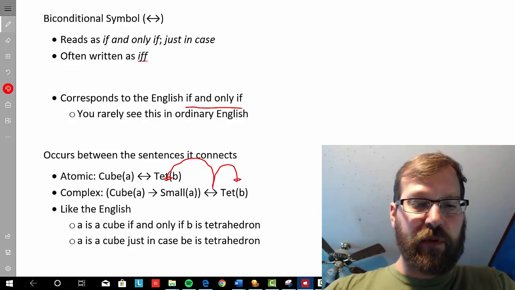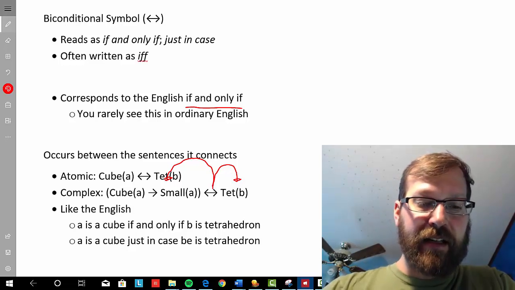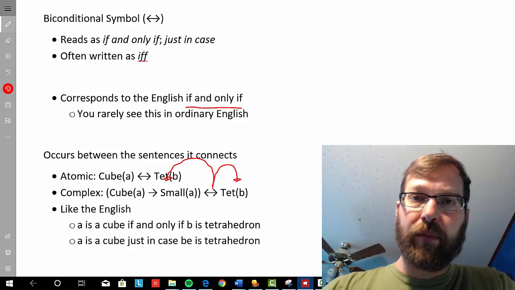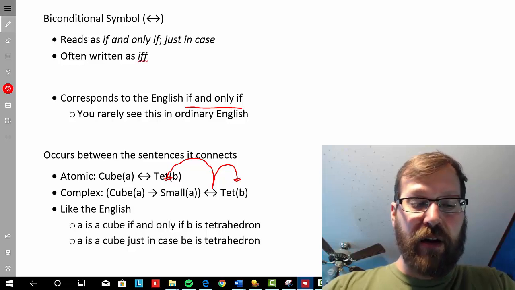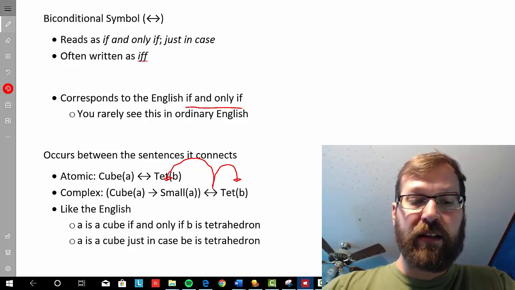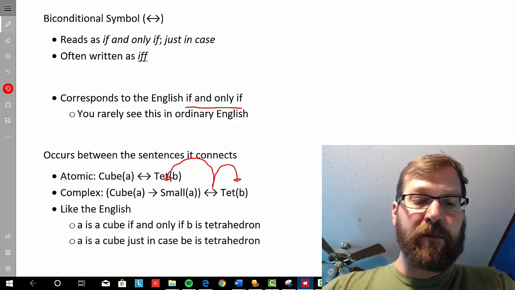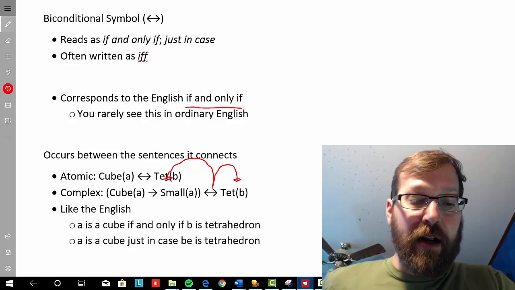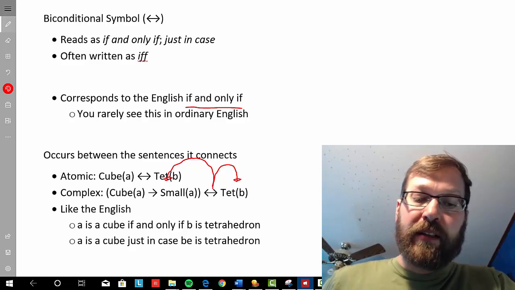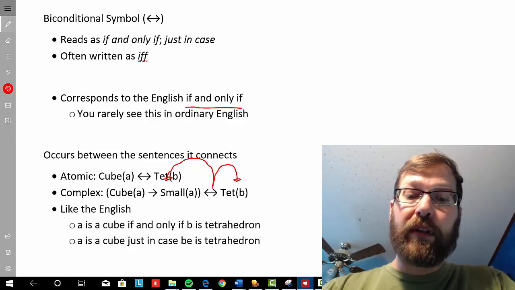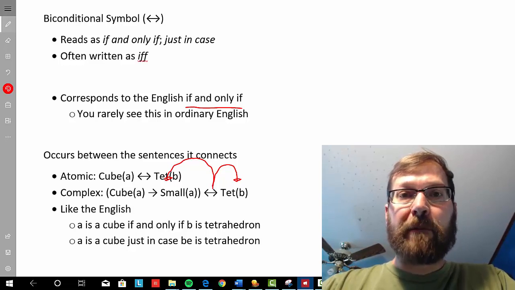That biconditional symbol is connecting the sentence to the left, which is a complex sentence, which itself is a material conditional, and the right sentence, which is an atomic sentence. So that reads, if A is a cube, then A is small, if and only if B is a tetrahedron.